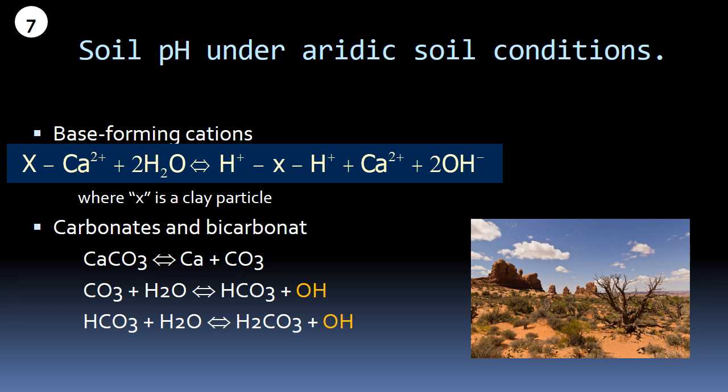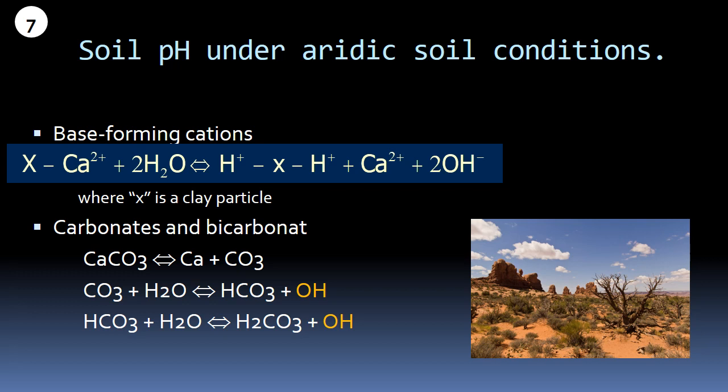So calcium is adsorbed to the soil, but as it reacts with water and the water dissociates into H and OH, the hydrogen, because it has more strength, will kick out the calcium. Remember the lyotropic series? It will kick out the calcium from the exchangeable site in the soil, and therefore it will be in the soil solution, and therefore it will increase the OH.